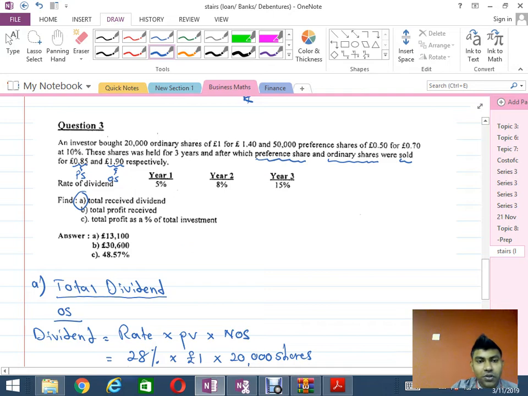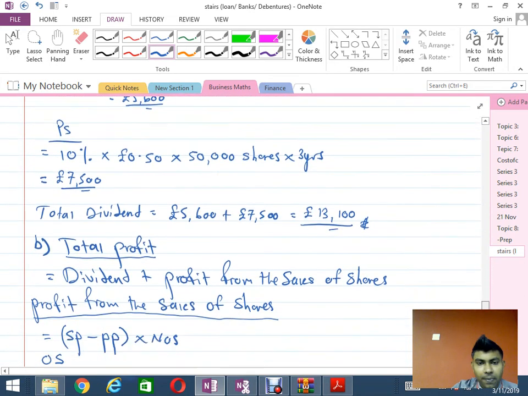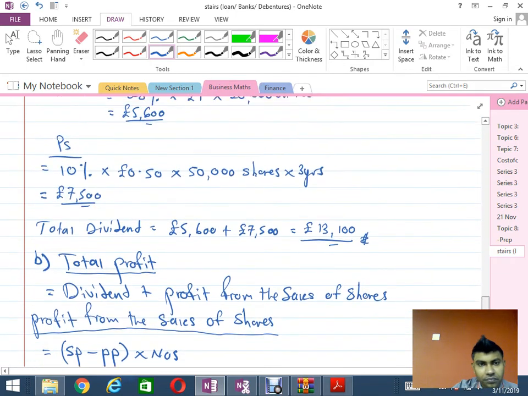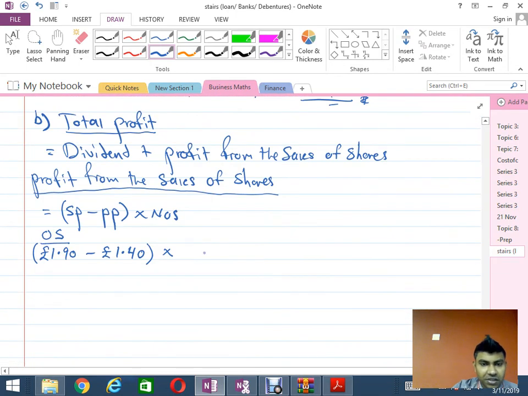So you sold the ordinary share for 1.9 and purchased the ordinary share for 1.4. So 1.9 minus 1.4, selling price minus purchase price, times how many shares? 20,000 shares.